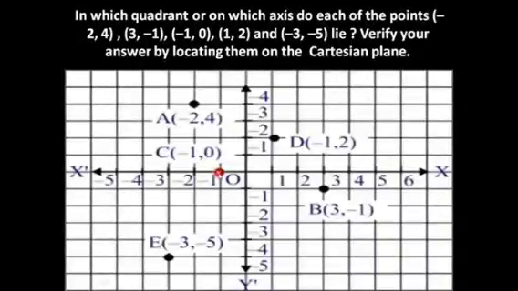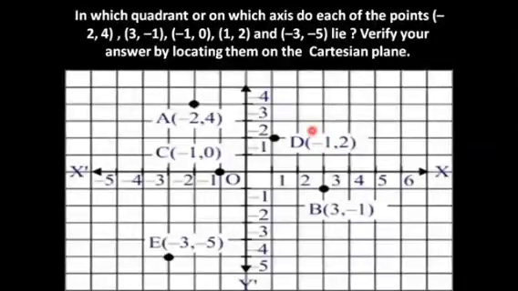Let us get into the next number. 1, 2. So 1 on the x-axis and 2 on the y-axis. So this is the point. So this is not -1, this is 1, 2.